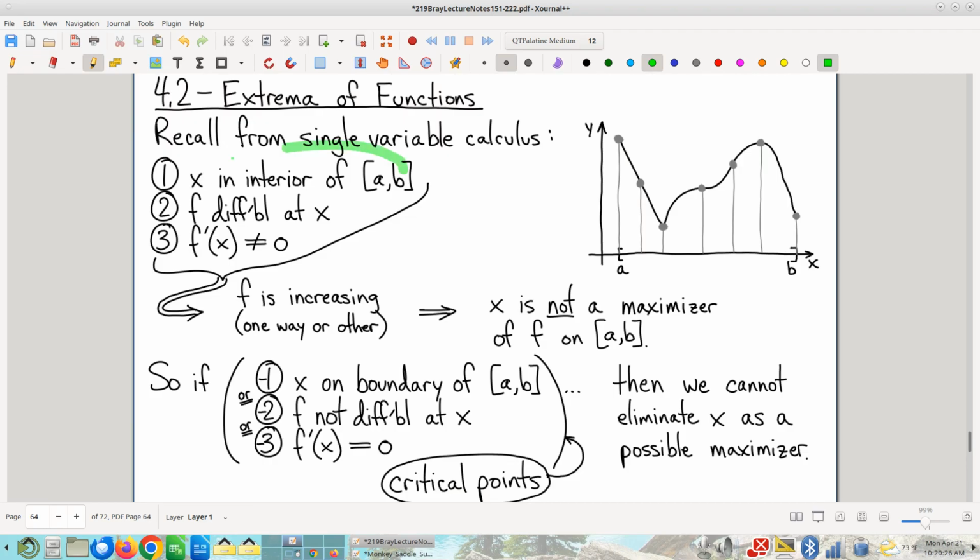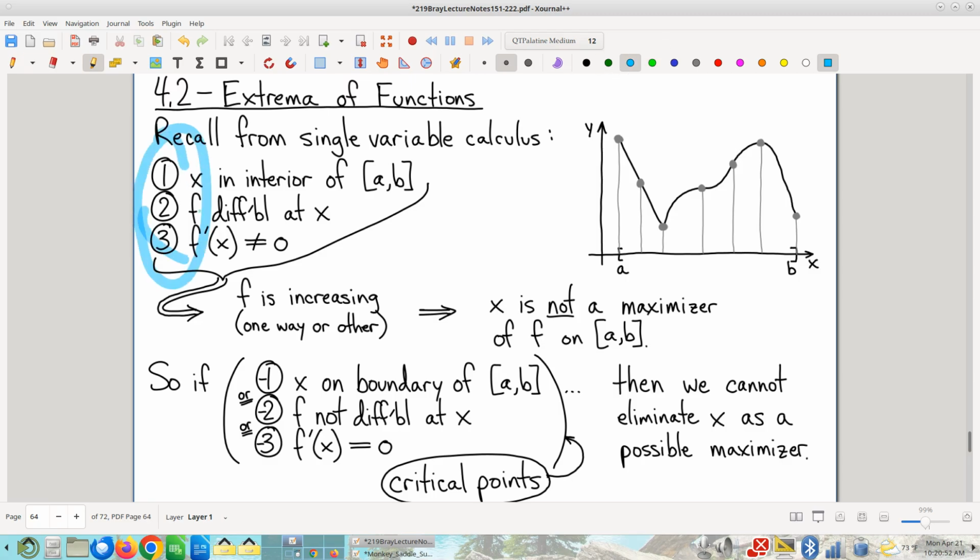We observed that if certain conditions are satisfied, then the function, one way or the other, possibly to the left, possibly to the right, is still getting bigger, and if it's still getting bigger, then it's definitely not a maximizer. And so that eliminates almost every point in the domain, and all we actually then have to do is look at points where one of those conditions fails.